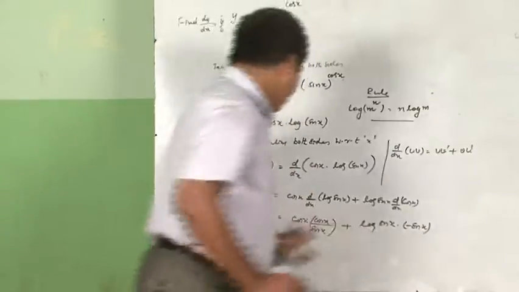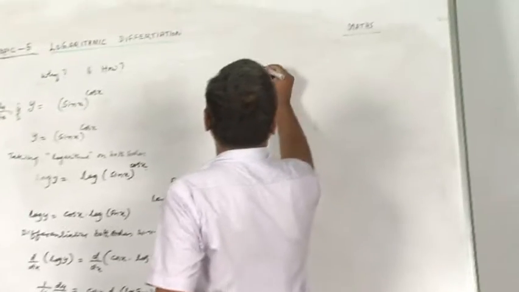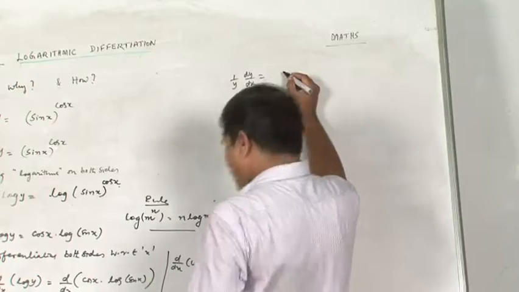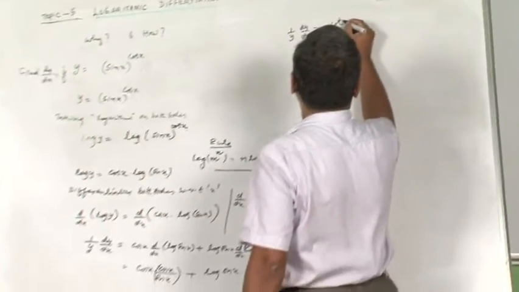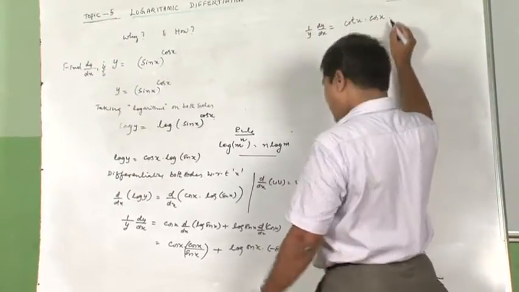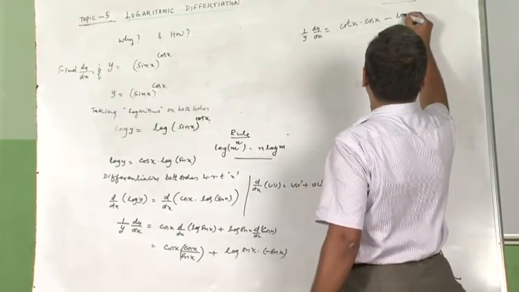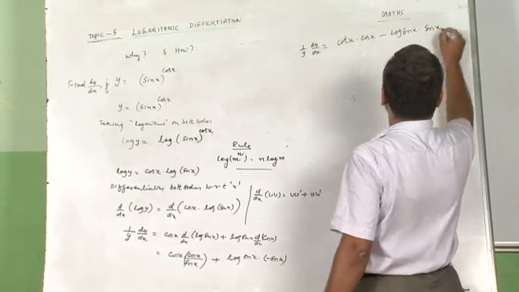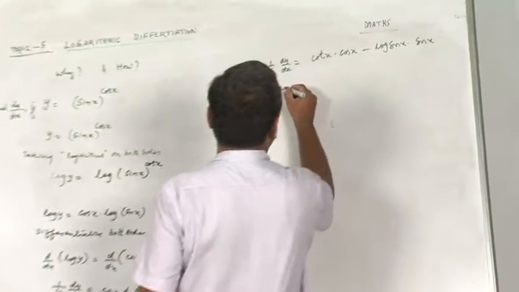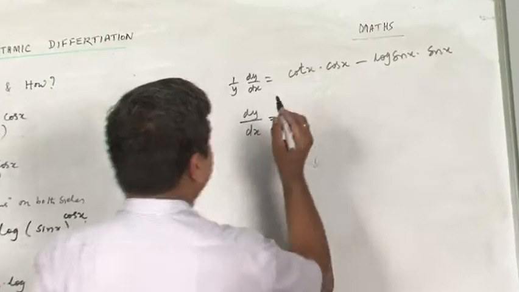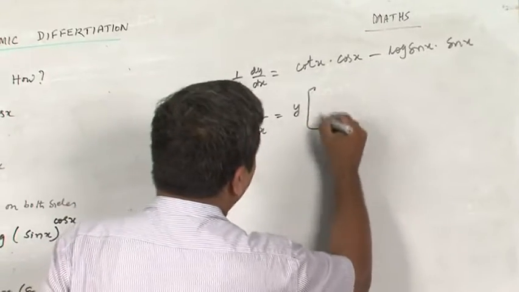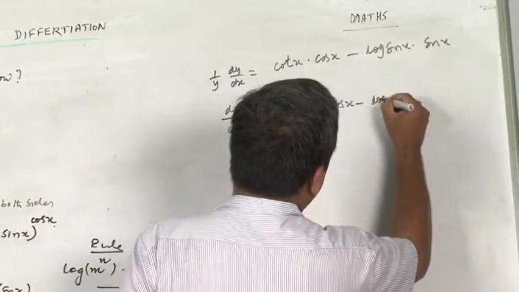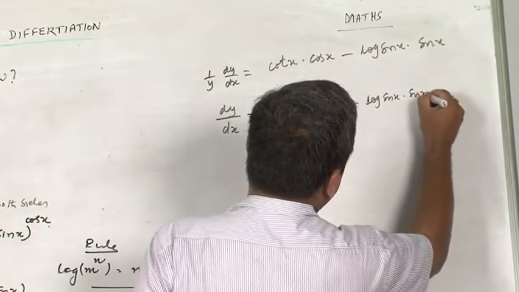So you get cos x by sin x, plus log sin x into the derivative of cos x, which is minus sin x. Simplify it: 1 by y dy by dx is equal to cos x cot x, that is cot x into cos x, minus log sin x into sin x. Bringing y to that side, dy by dx is equal to y into cot x into cos x minus log sin x into sin x.